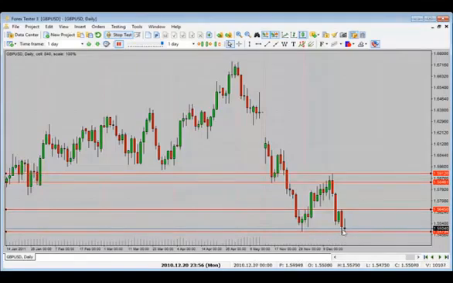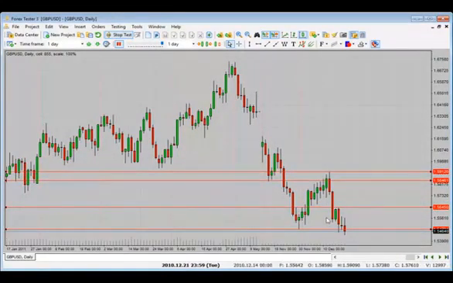Because it's into support. So either we need to look for a break and then a move to the downside, or we need to look for price to hold above this level. And that's why going to a smaller time frame can be quite beneficial, because then we can see price action closer to the actual level here. So here, my overall bias still stays to the downside.